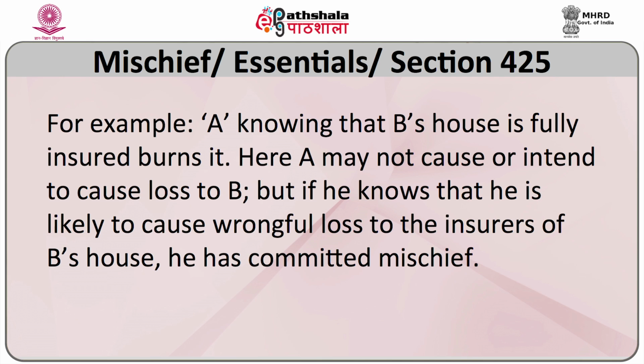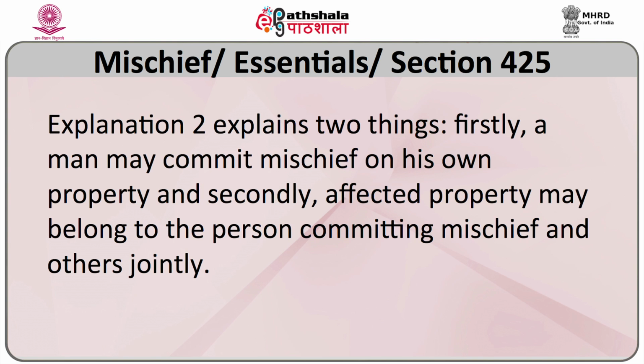Now, here A may not cause or intend to cause any loss to B, but if he knows that he is likely to cause wrongful loss to the insurers of B's house, he has committed mischief. Now, coming to the explanation 2 to section 425, it explains two things. Firstly, a man may commit mischief on his own property, and secondly, affected property may belong to the person committing mischief and others jointly.